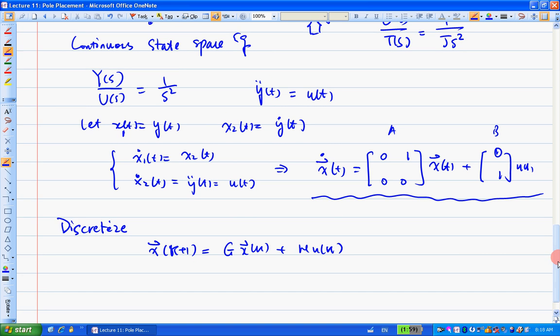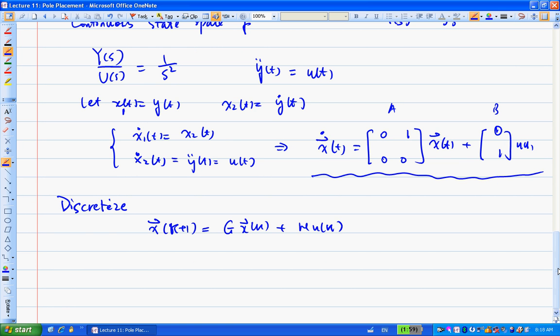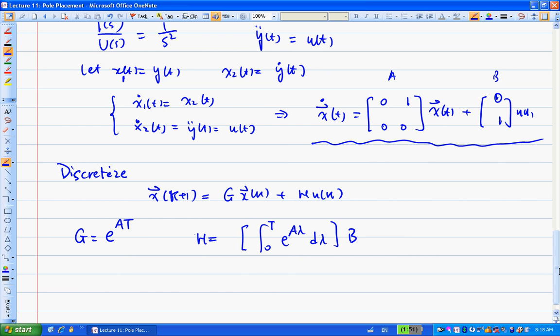And G and H, of course, are based on this A and B discretization. The formula, if you remember, is that G is e to the power AT, and H is the integral from 0 to T of e to the A lambda d lambda times B. So that's G and H.